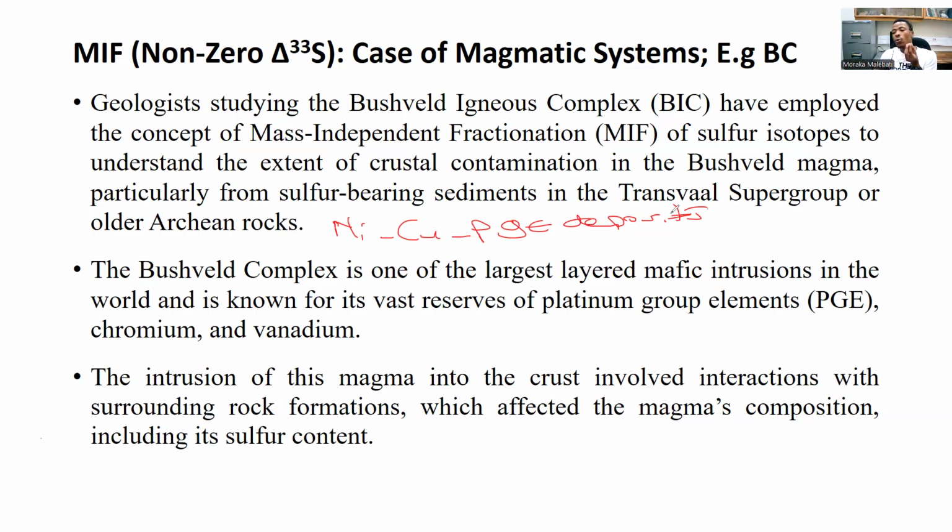These processes can only dilute or alter the original Cap-33 signals, but you can't create or amplify them.